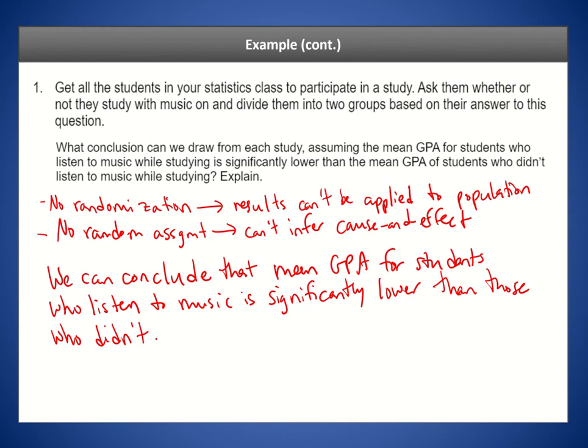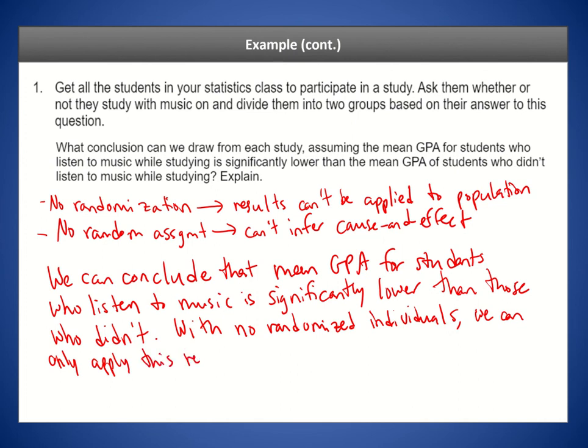However, because there's no randomization, we can't apply this to the population, right? We can only use this for this group of students, basically. Okay, so we're going to go ahead and say with no randomized individuals, I guess you could say, we can only apply this result to this group of students, to this class of students.